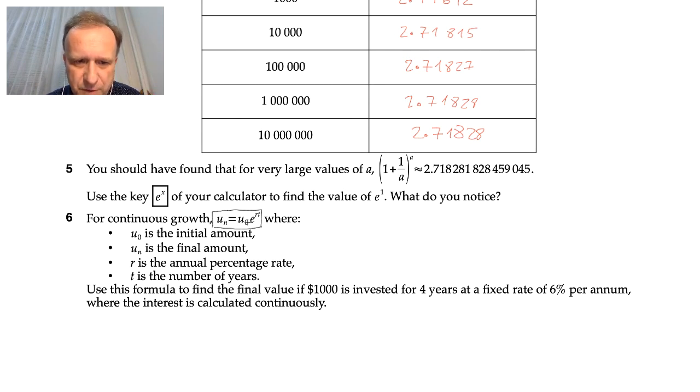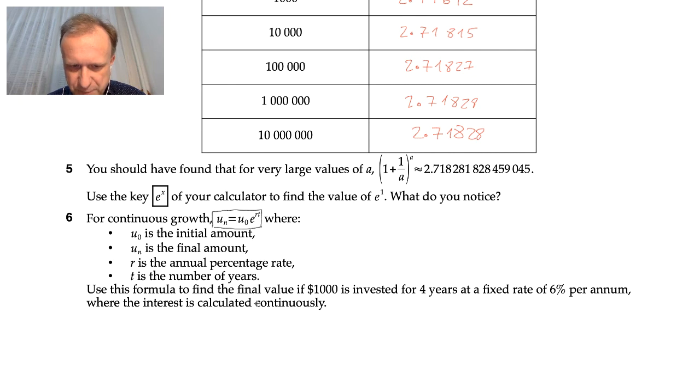Here is the explanation of the parameters. U sub 0 is the initial amount, U sub n is the final amount after the compounding period ends, r is the annual percentage rate, and t is the number of years.